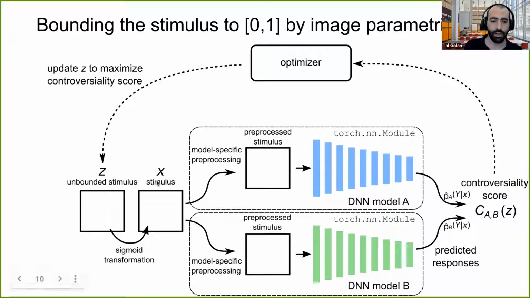So instead of optimizing directly the stimulus, we are optimizing a tensor Z, which has the same shape as the stimulus X, but its values are allowed to run between -infinity and infinity. And we use the sigmoid function to compress Z into a valid image X. And now we optimize Z. And once we are done, we are taking X as our resulting image. And we will see later that this concept of reparametrizing the stimulus is useful also for more sophisticated tasks.